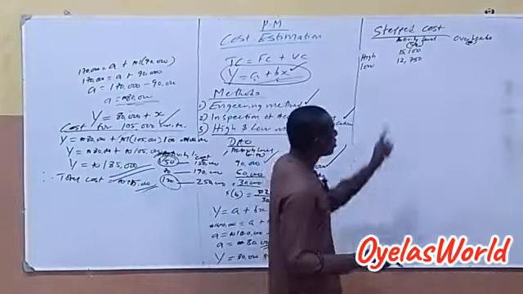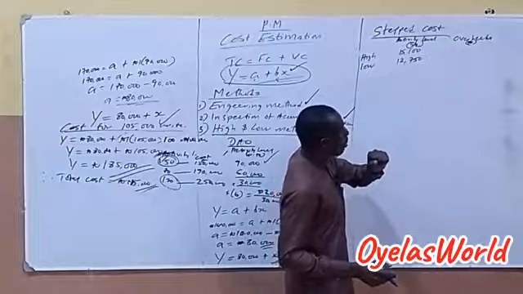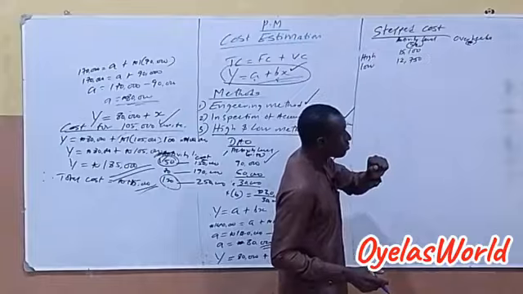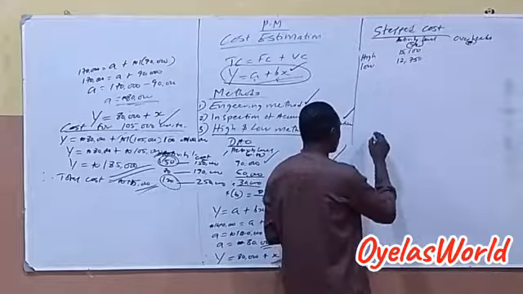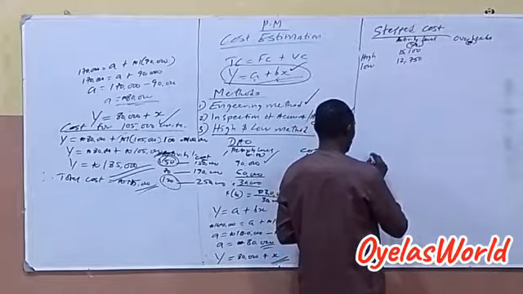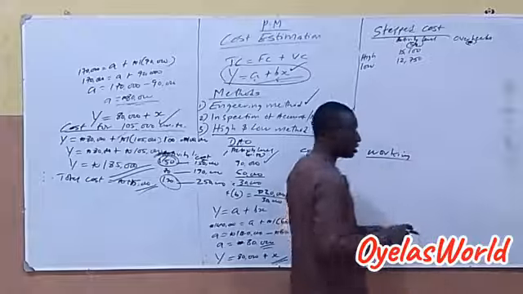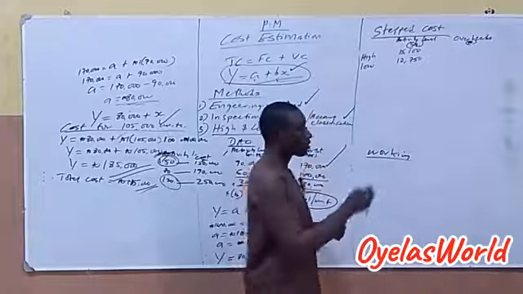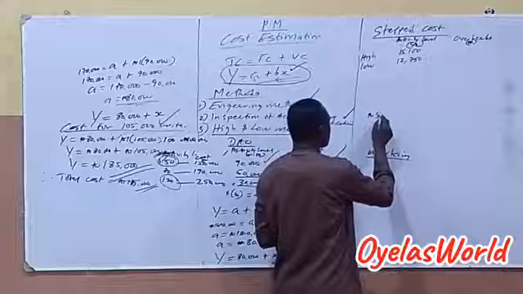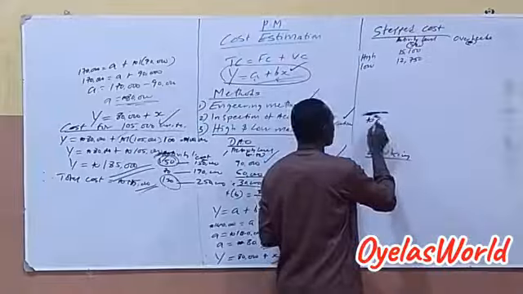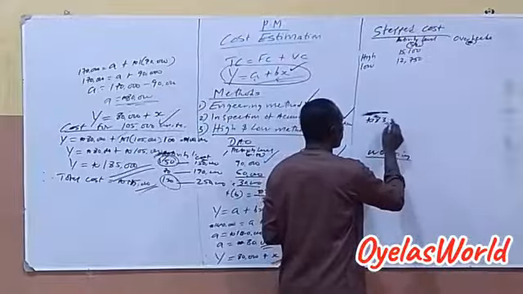Now, what is the cost for the high in the question? The cost for the high is what? 83,585.